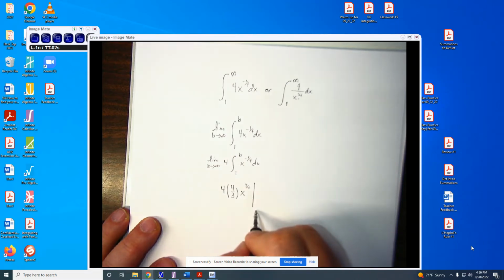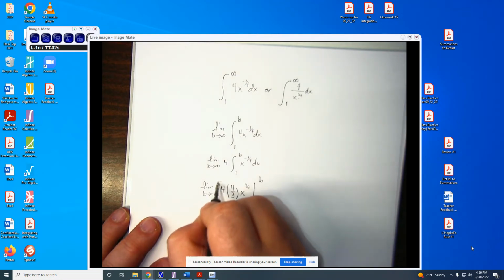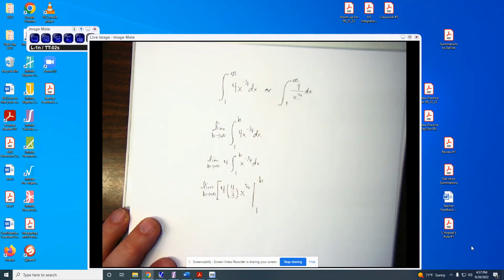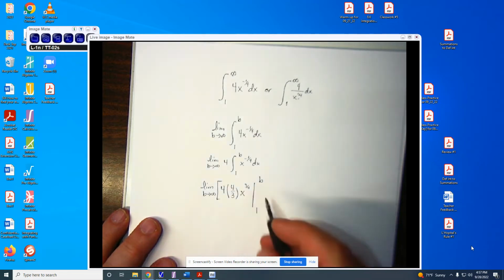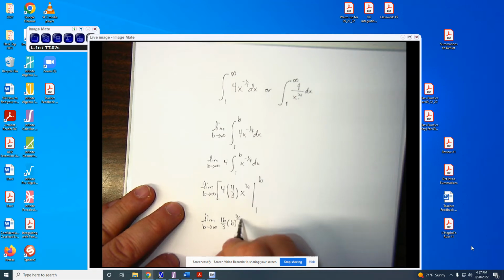And we're going from 1 to b for the limit as b approaches infinity. So this is what we're working with. Now, when I plug that b in, I'm going to write my limit statement, 16/3, b to the 3/4 power.